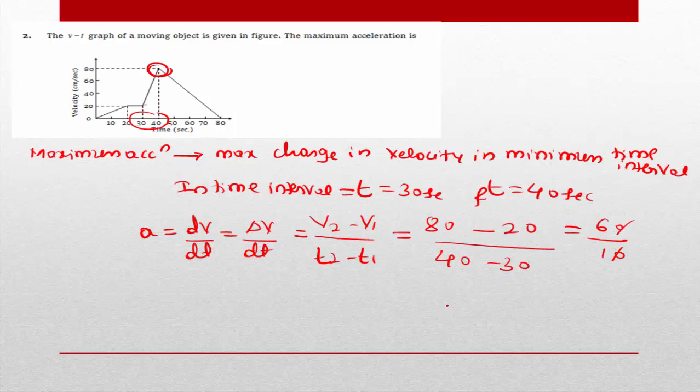Zero and zero get cancelled. Acceleration A is equal to 6 meter per second square.